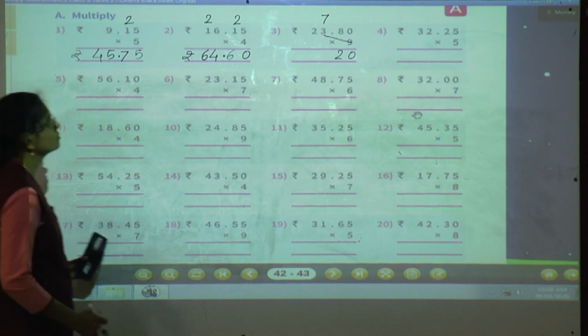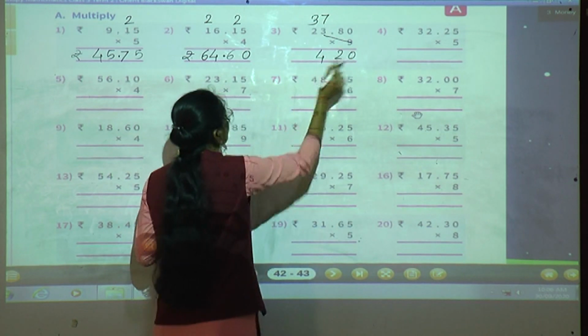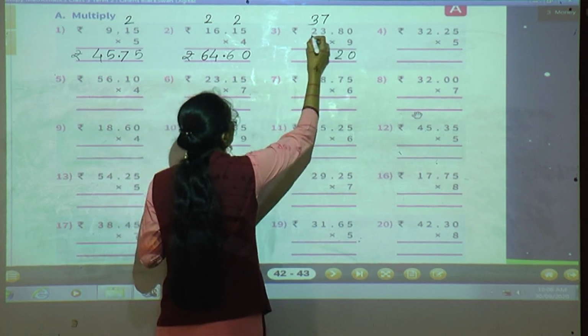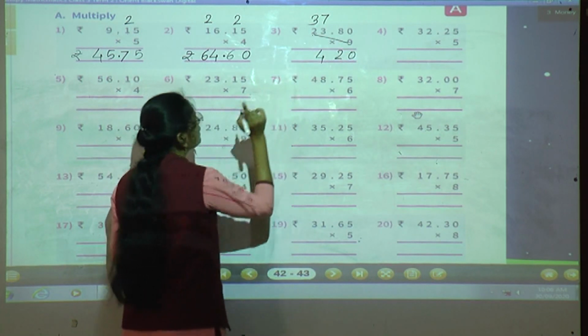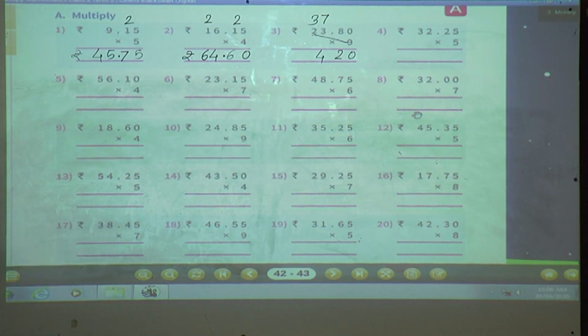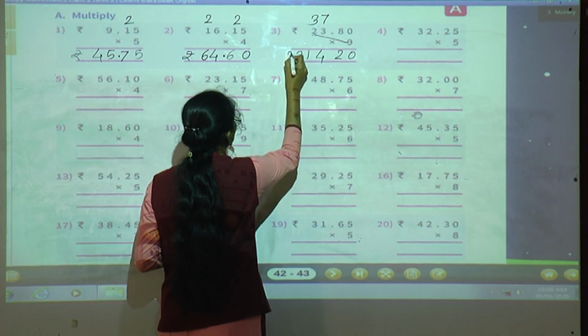Correct. So we'll write here 4 and 3 as a carry. Then 9 into 2 we have to do. 9 2s are 18. 18 plus 3, 21. Correct. So here we'll write 21.